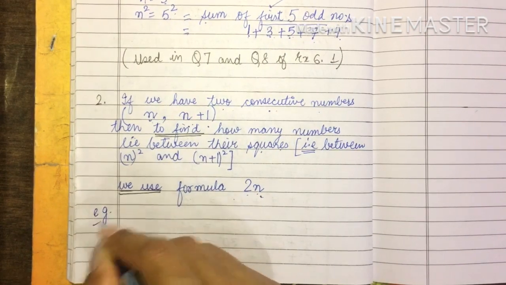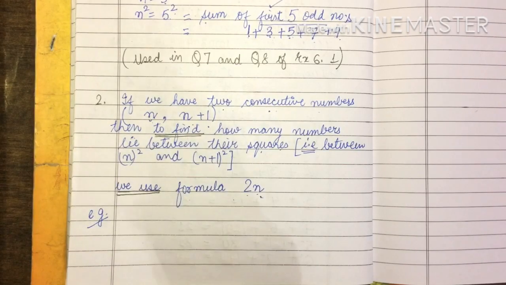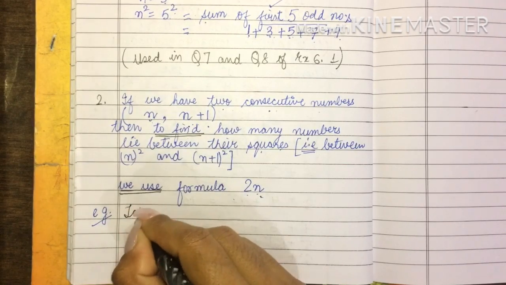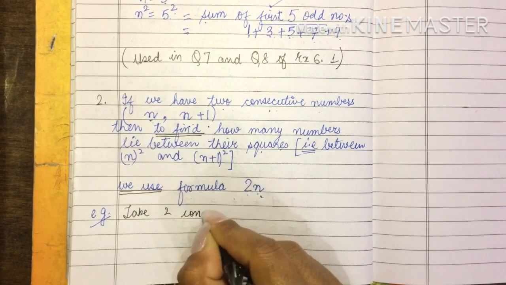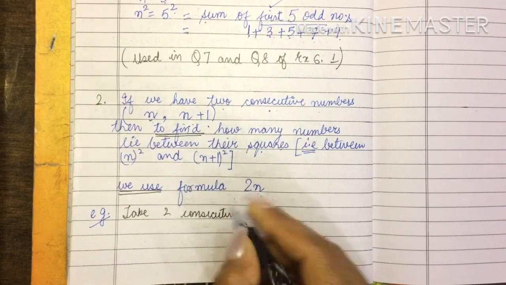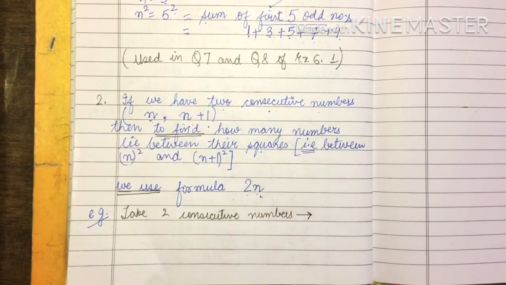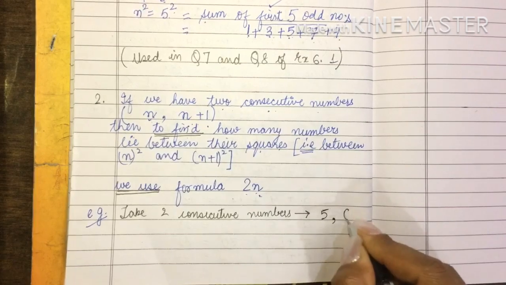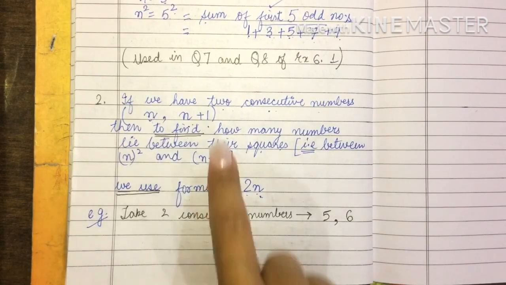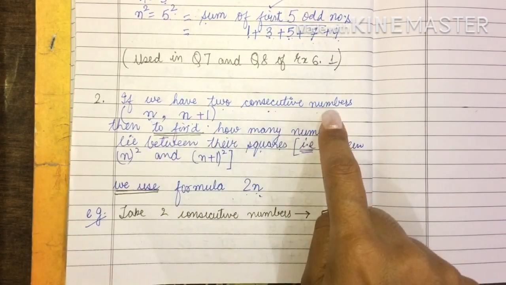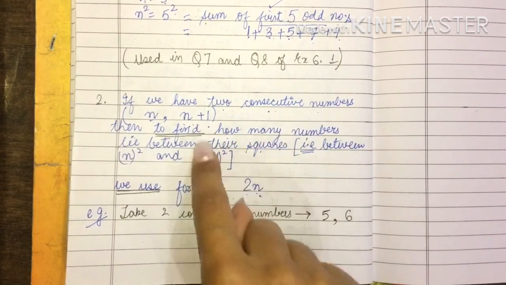For example, take 2 consecutive numbers. So you have to pick any 2 consecutive numbers. I am taking 5 and 6. I have taken 2 consecutive numbers, and then I need to talk about their squares.